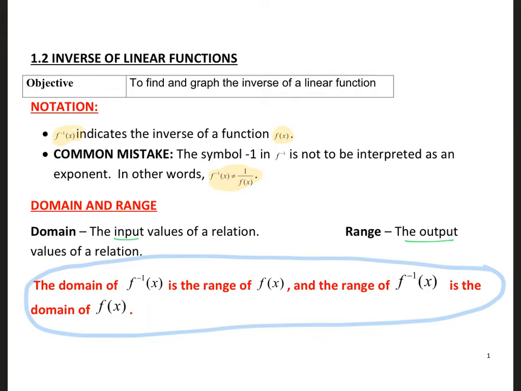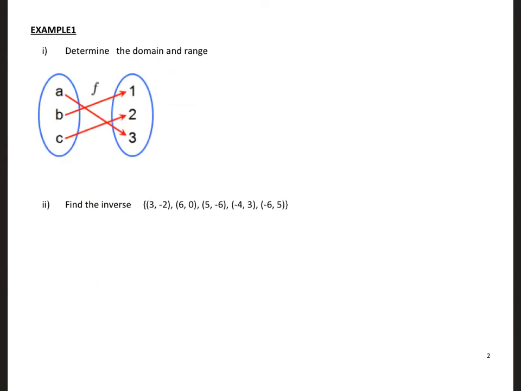So what we are saying here is that while x represents the input and y represents the output, those values in domain and range switch. And we are going to see the application of that in the next example.